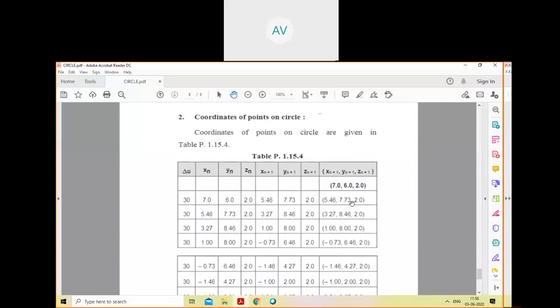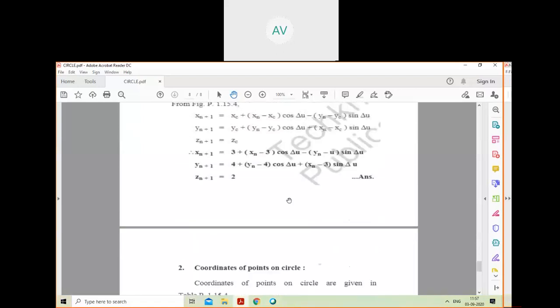The first point is given at u equal to 0: 7, 6, 2. This point will be transferred to here as xn, yn and zn, and the next point we will calculate using this formula.